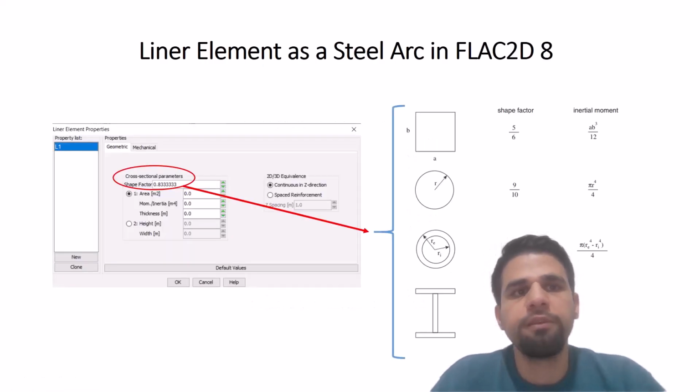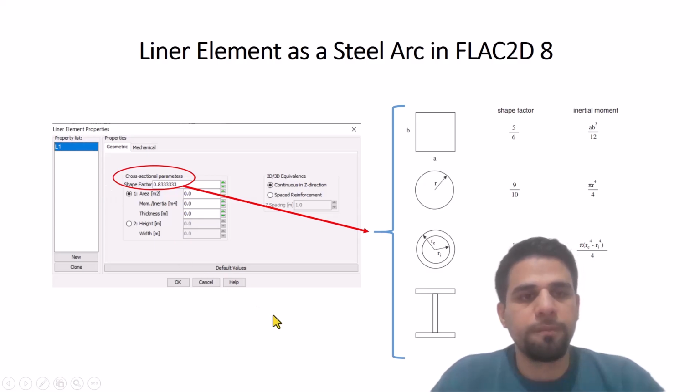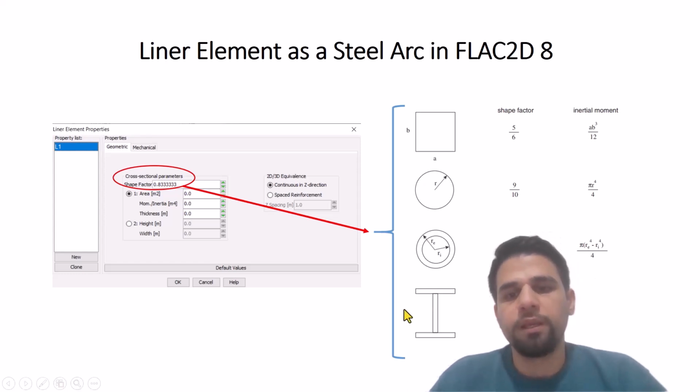But in FLAC2D 8, we want to model the steel arc with the parameter of shape factor. With this parameter, we can assign the equivalent cross section for a steel arc in the linear structural element.